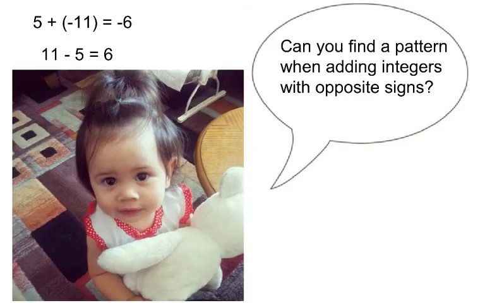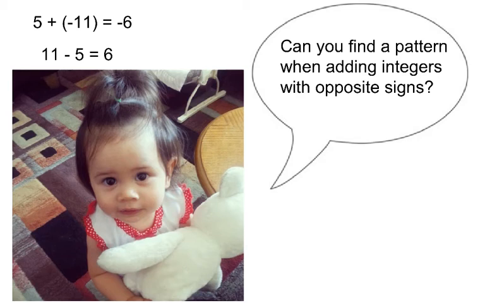So now that we've reviewed, we're going to look for patterns when adding negative and positive integers. Can you find a pattern when adding integers with opposite signs? Let's look. Well, we have -5 plus 11 equals 6.